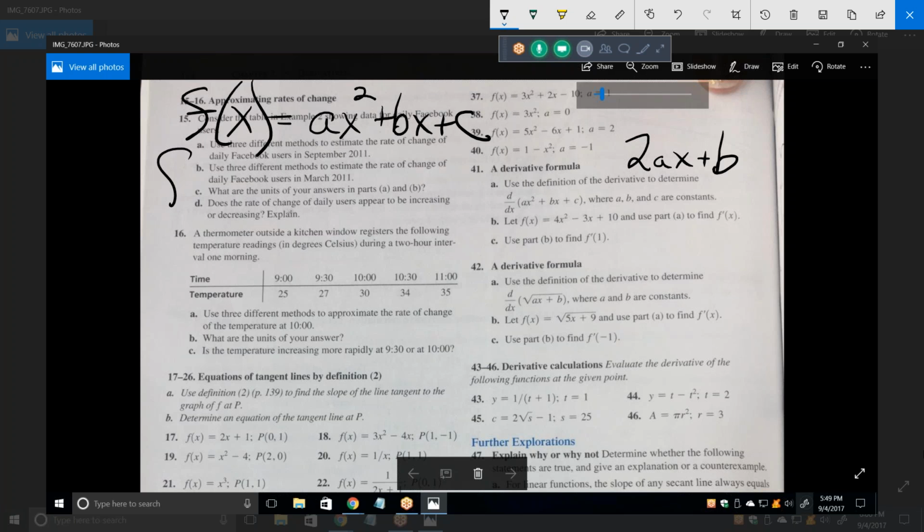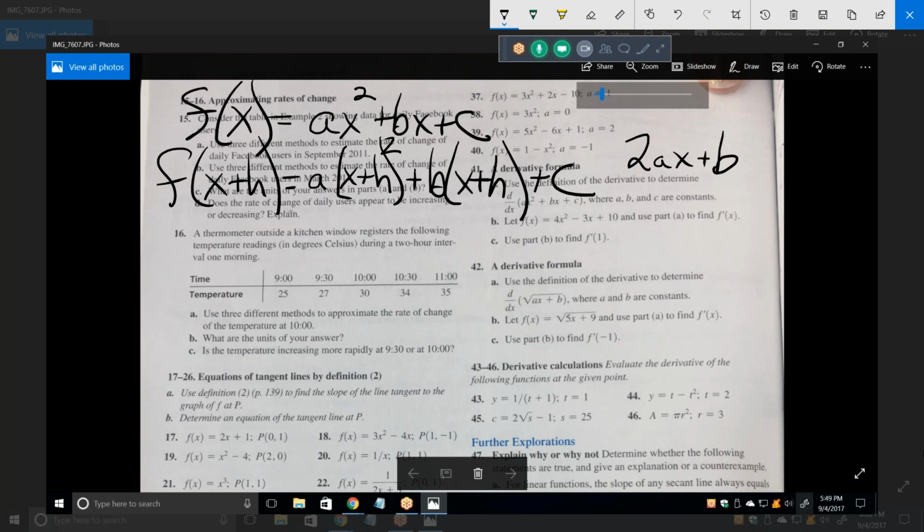Now tell me what f of x plus h is. It would be a times (x plus h) squared plus b times (x plus h) plus c. Okay. So those are my f of x plus h and f of x.